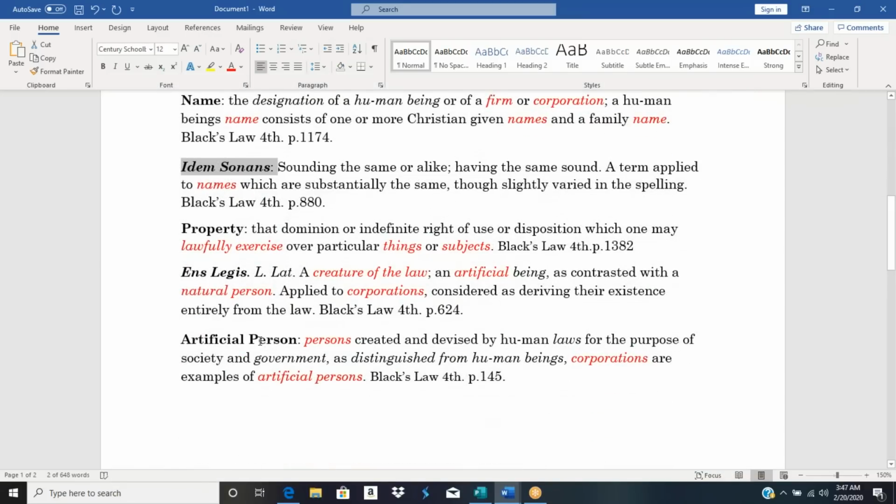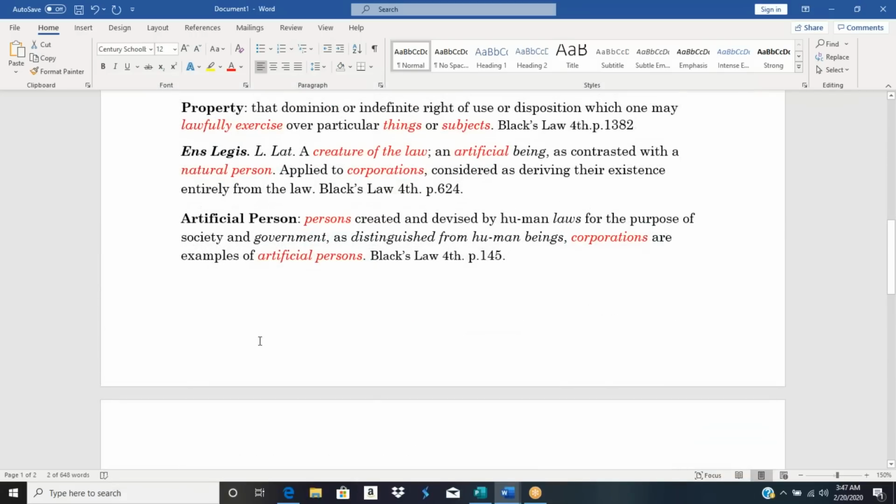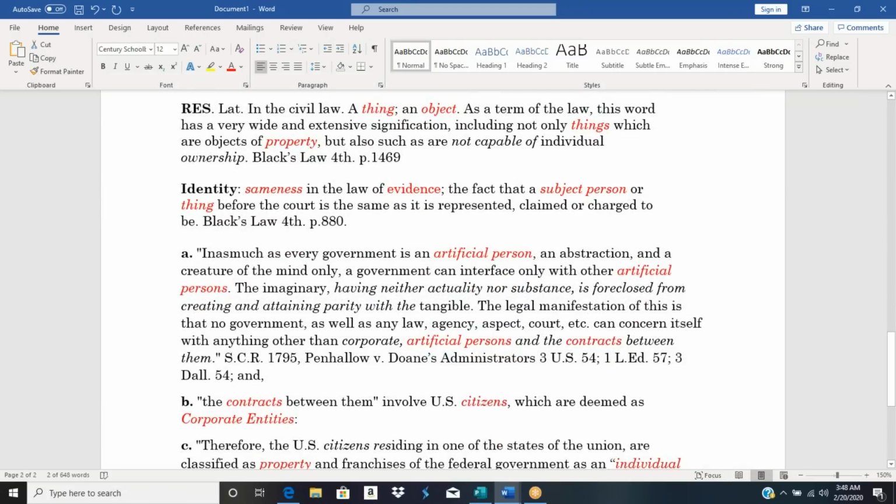It's an artificial person. It's a corporation. It's a person. And you are opening mail that does not belong to you. That is a crime. And the reason they do that is right here.